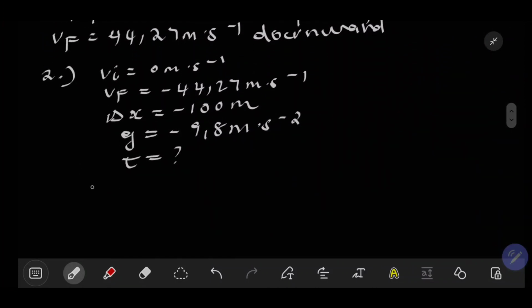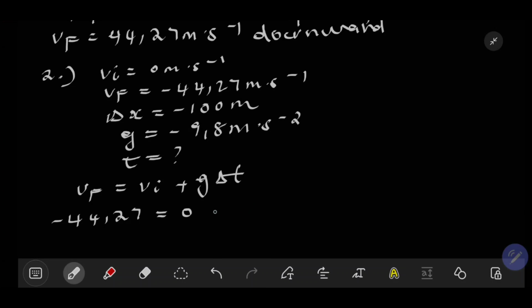So we're going to say V final is equal to V initial plus our gravitational acceleration multiplied by the change in time. So our V final is negative 44.27, which is equal to 0, which is our initial, plus our gravitational acceleration, negative 9.8, and then we multiply that by our change in time.